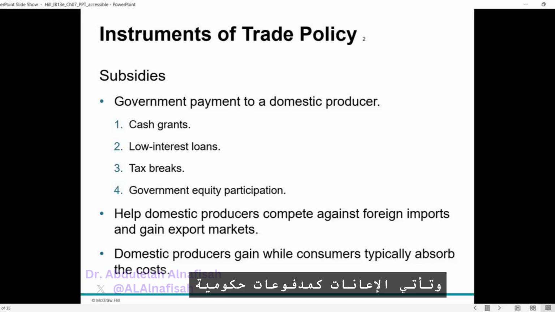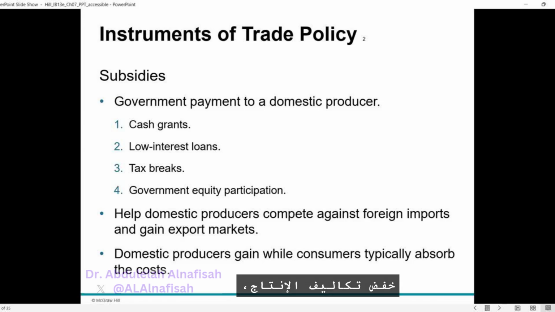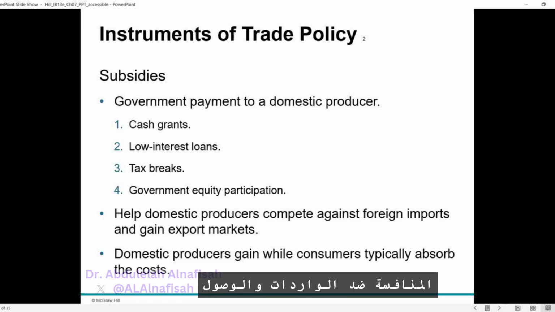Subsidies, as government payments to domestic producers, come in various forms like cash grants, low-interest loans, tax breaks, and equity participation. They aim to lower production costs, aiding domestic producers in competing against imports and accessing export markets.